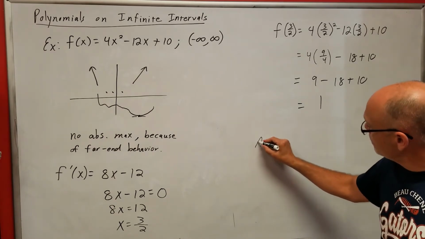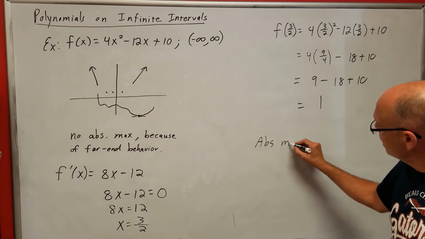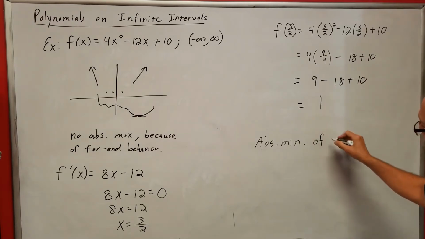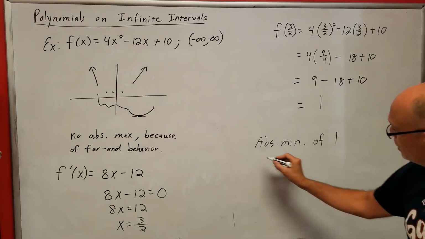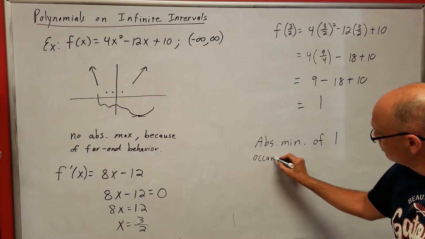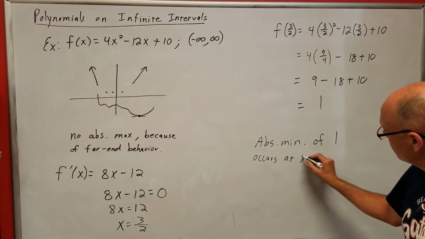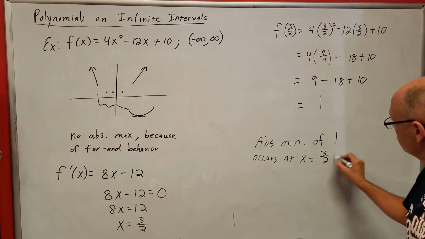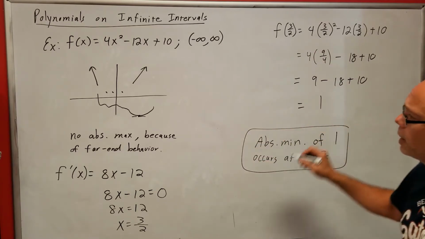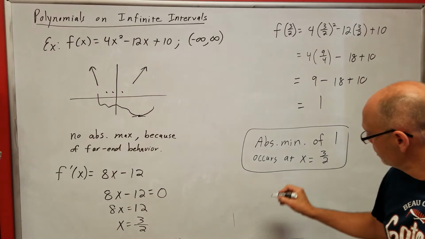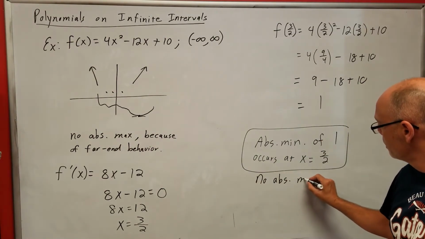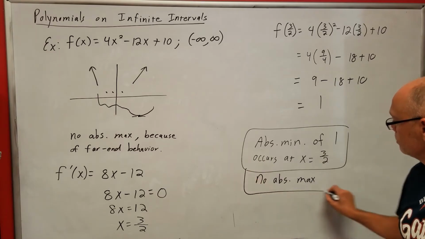So you have an absolute min of 1. And it occurs where? Occurs at the x coordinate 3 halves. And what do we say about the absolute max? No absolute max for this function.